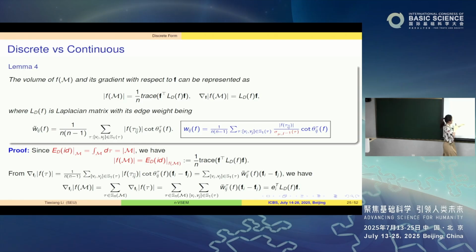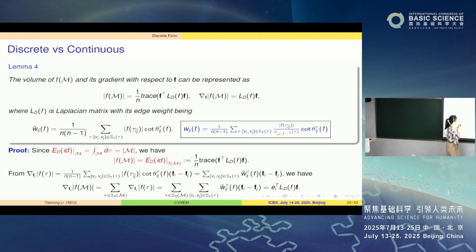But the difference is we have F here, so this term is highly nonlinear about F. Okay, and the gradient of F(M) is this one.